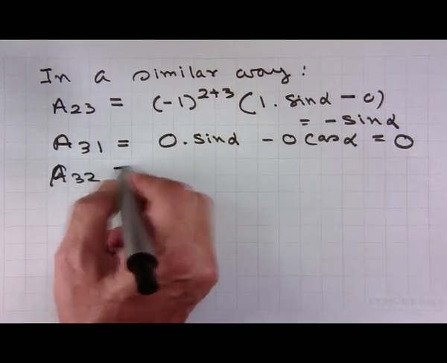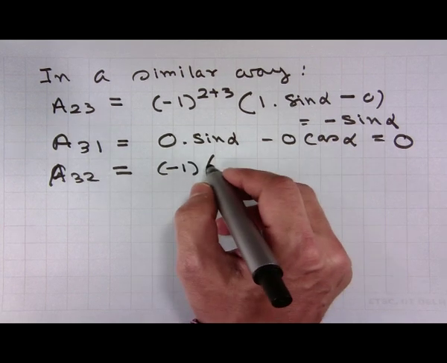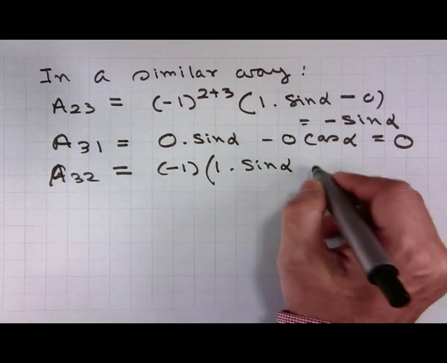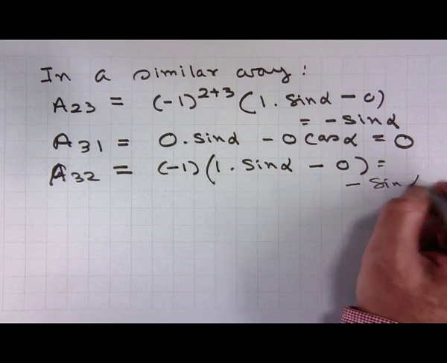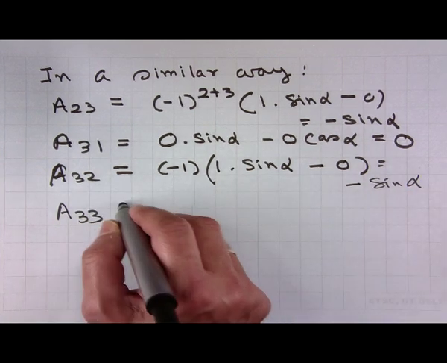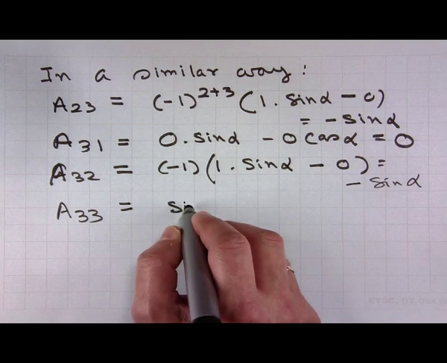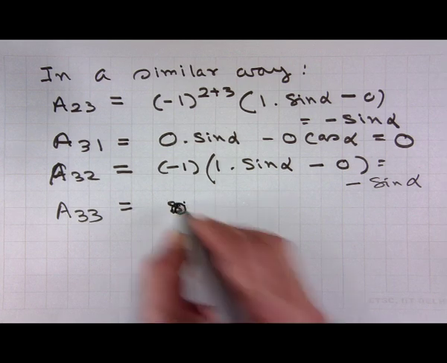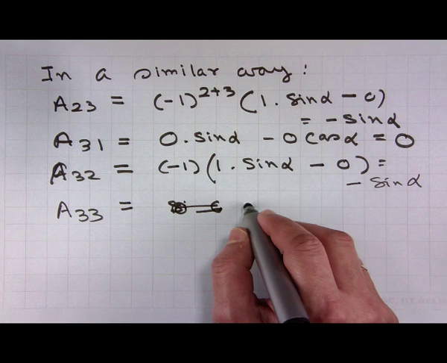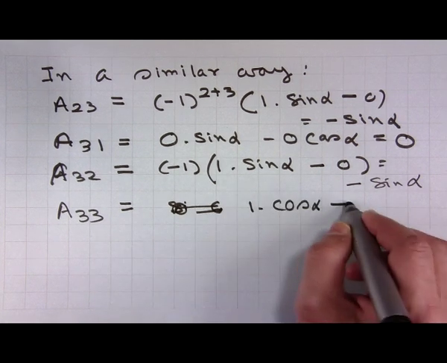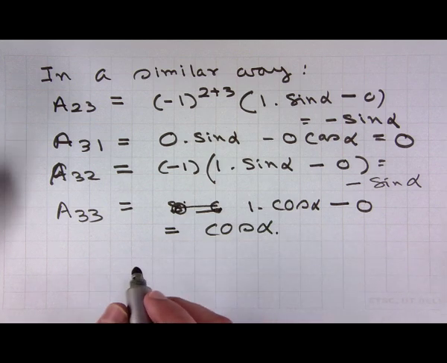A32 is equal to minus 1 times 1 into sin alpha minus 0, is equal to minus sin alpha, and finally, A33 is equal to 1 into cos alpha minus 0, is equal to cos alpha.